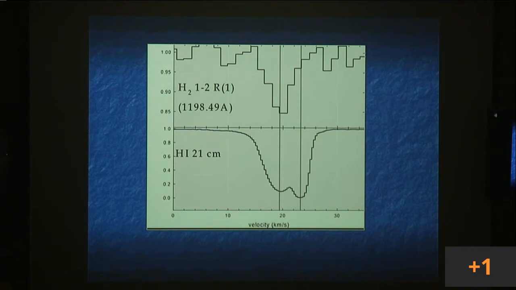Now, the veil is very important to modelers because this is about the only example where you actually have the slab of gas, where you know where it is, you know the ionizing source, that is what determines its ionization, and you know the strength of the magnetic field that's in it. So this is probably the best test piece for theories of combining radiation and magnetic fields.